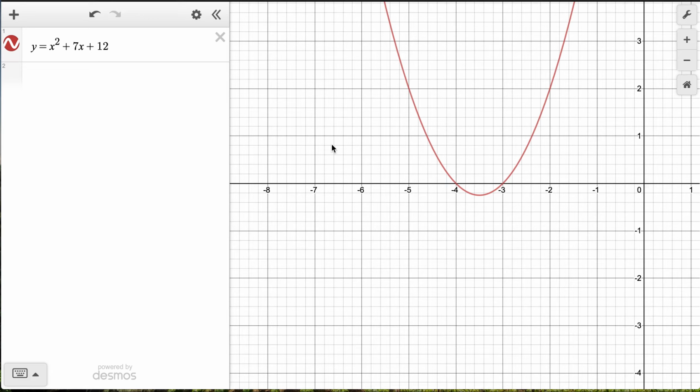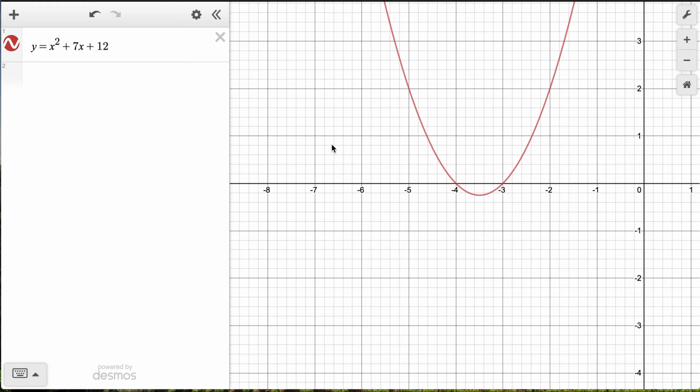So what I want you to do today is, for each of the questions that you did, questions 2 to 20, plot the actual graph of it and see where it crosses the x-axis, and check that it matches up with your answers to the question.